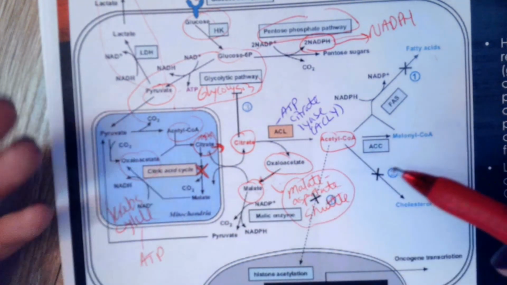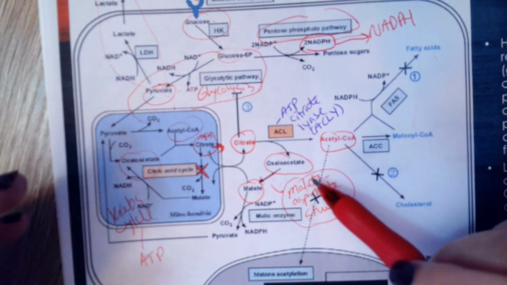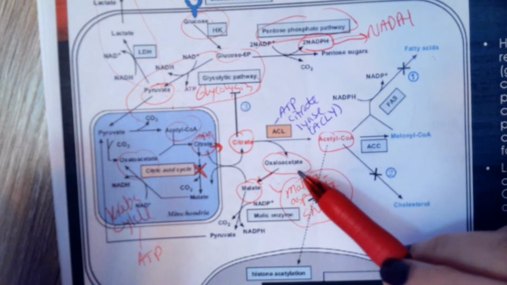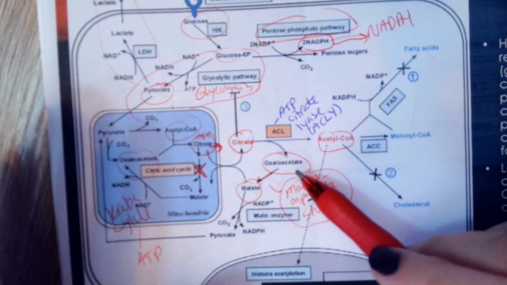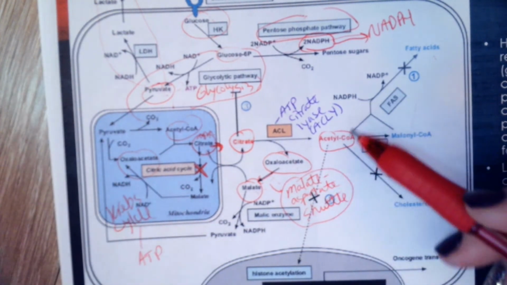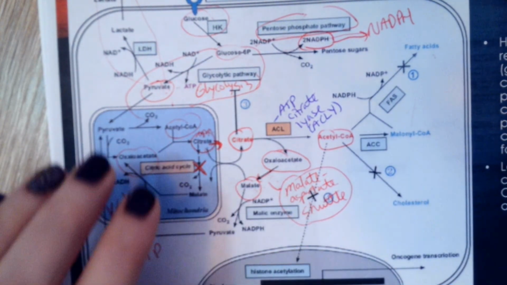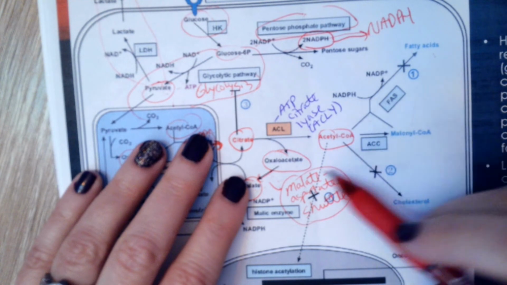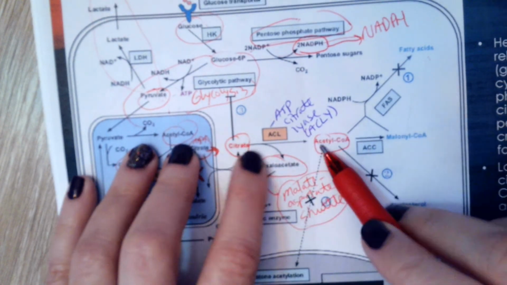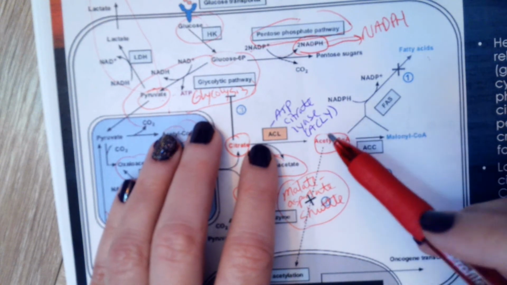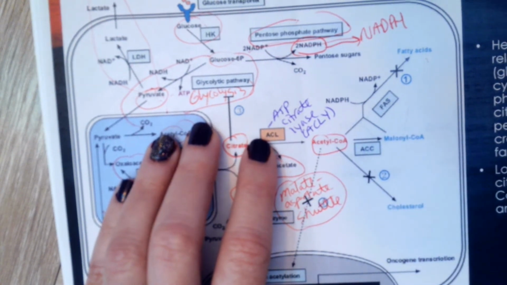It's just involved in everything. It's tied up with pretty much everything that we've talked about so far. But anyway, I'm digressing. I'm going on to an oxaloacetate side tangent when really we want to be focusing on our citrate going into acetyl-CoA thanks to this enzyme ATP citrate lyase.